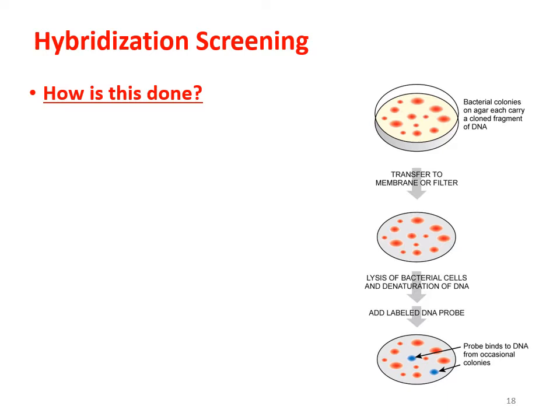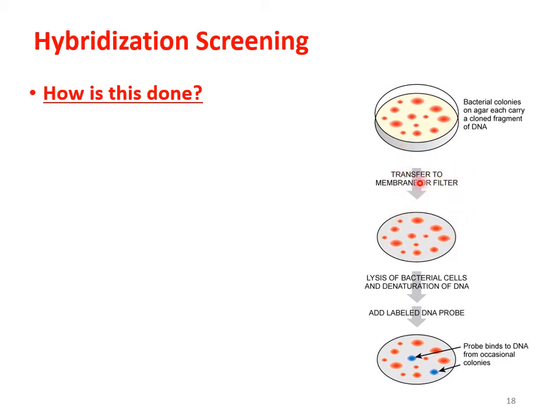So the first thing that you would do with hybridization screening is you would transfer your bacteria, which contain the fragments of the library, onto a filter. Okay, so transfer all of these bacteria from your plate that have all the genes present, and you transfer them onto a thin filter.